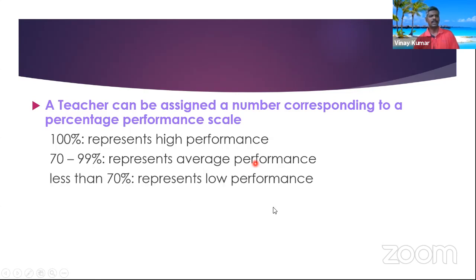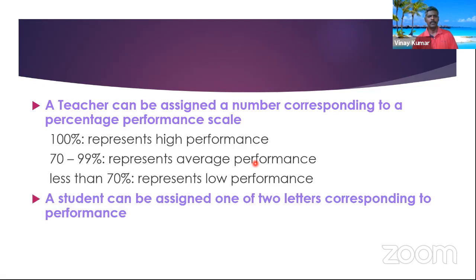We have less than 70%, which may represent low performance. So imagine the researcher is trying to do research on student satisfaction, on the teacher performance. So in this example we assign a percentage to the subject to explain the attributes of the teacher. The teacher is the subject here, his performance is the attribute.